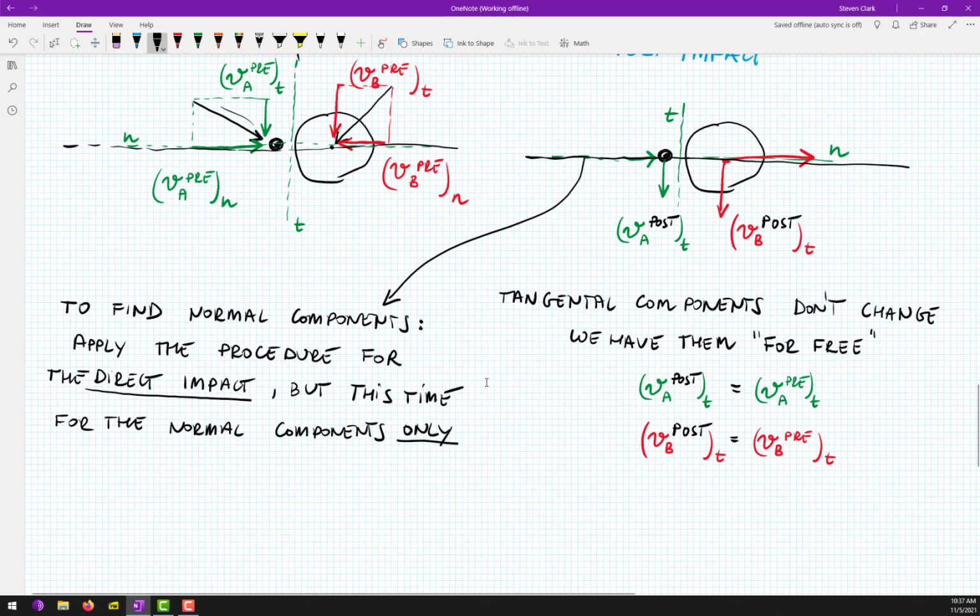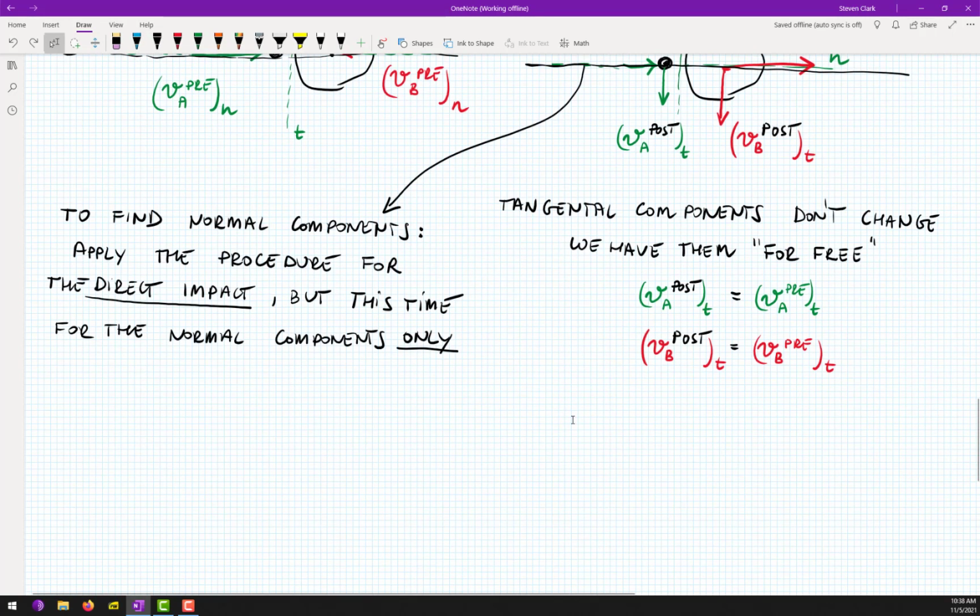I'm just going to draw the momentum diagram for this particle only, and I will prove that this is true. Pre-impact we have just such velocity. Post-impact, we don't know what is happening, we just want to figure it out.